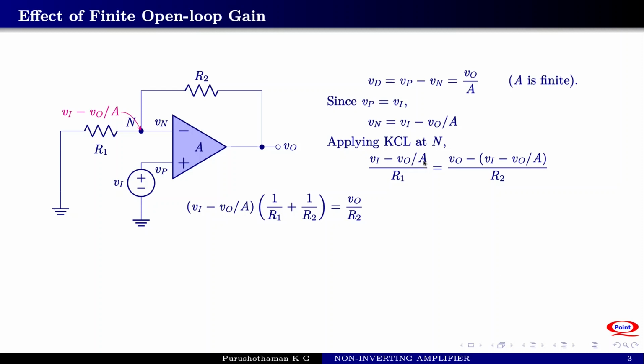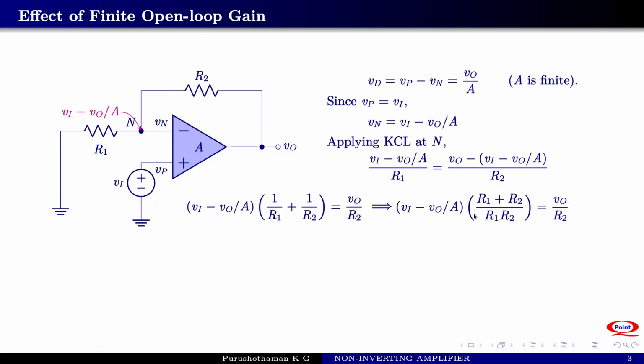You collect Vi minus Vo by A from both sides and take it outside the bracket. What you get is (Vi minus Vo by A) into (1 by R1 plus 1 by R2) equal to Vo by R2. And we know 1 by R1 plus 1 by R2 is equal to (R1 plus R2) divided by R1 R2. Employing that rule, this is (Vi minus Vo by A) into (R1 plus R2) by R1 R2 equal to Vo by R2.